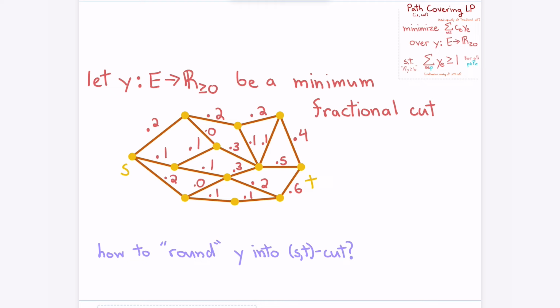I'll take that edge, and hopefully I'll separate S and T. Suppose I had S and T, and I just had two edges, and they were both given value 0.5. Oh no, that's not true. Let me put in one more. Okay, that's okay, right?